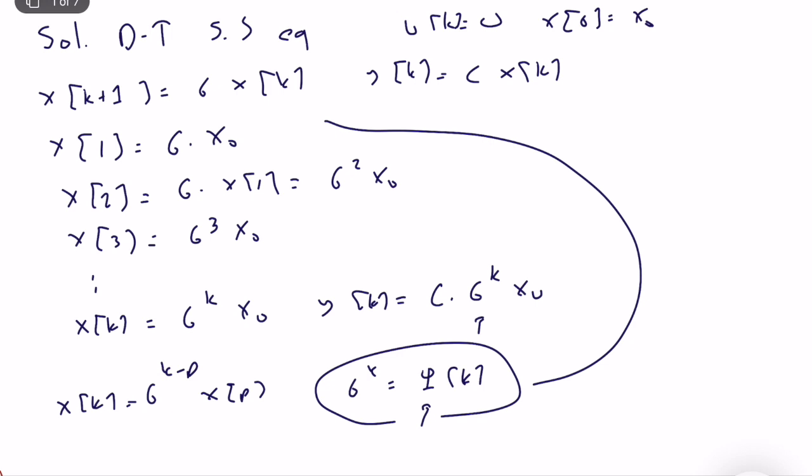Let's now analyze the case where x naught is equal to 0, so no initial condition, but we have input. x of k plus 1 is equal to g times x of k plus h times u of k.